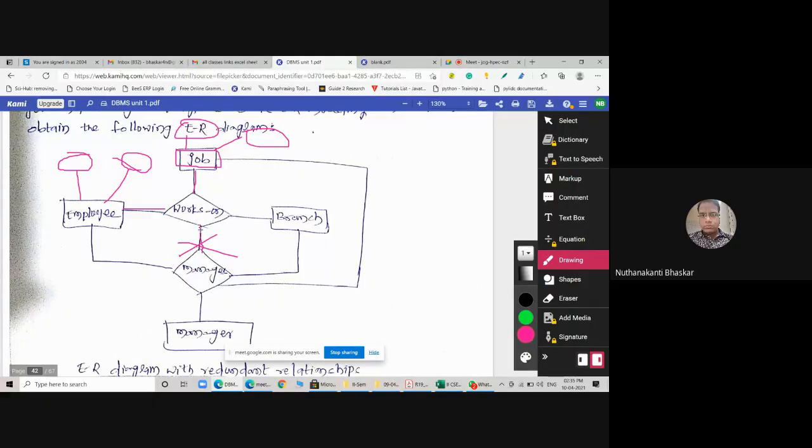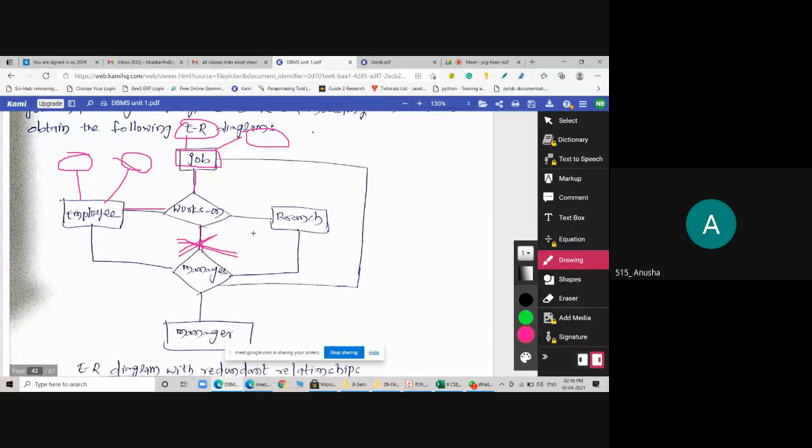The ER model is right, but in an ER model there is no chance of association between one relationship set and another relationship set. Because of the case study we have designed it like this, but the ER model is not going to accept a relationship between one relationship set and another. Have you understood this problem?